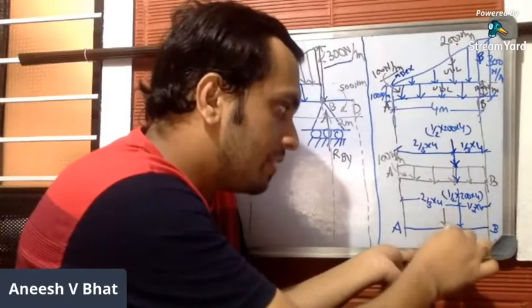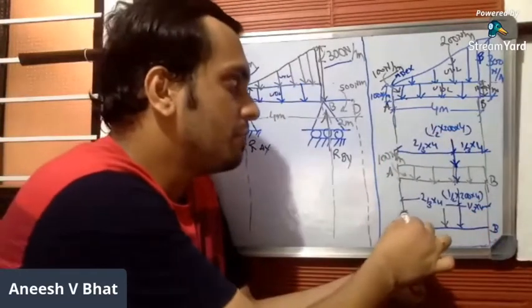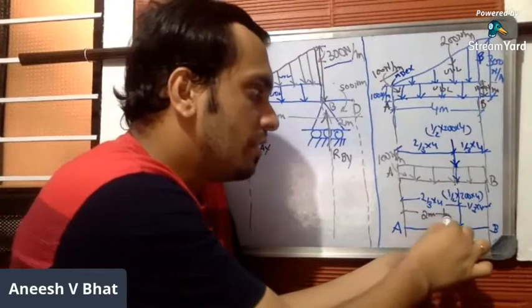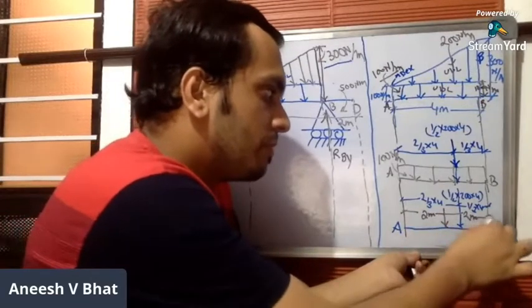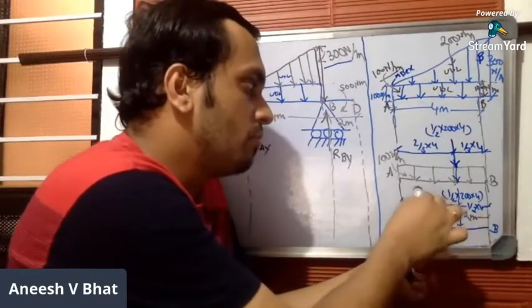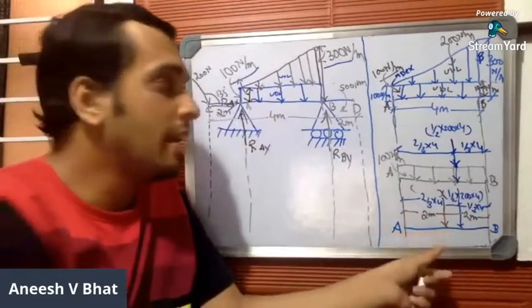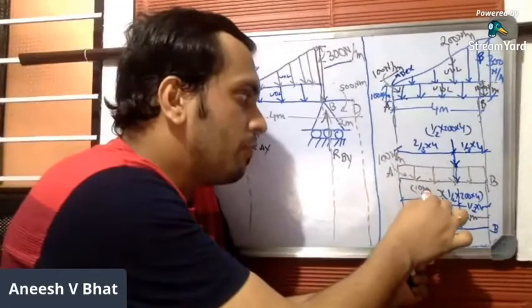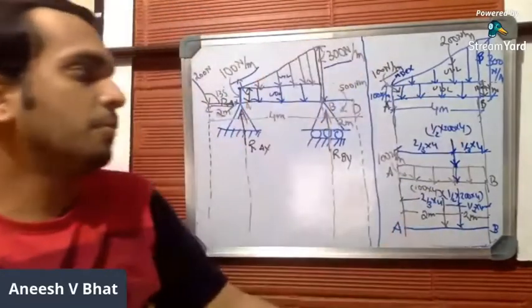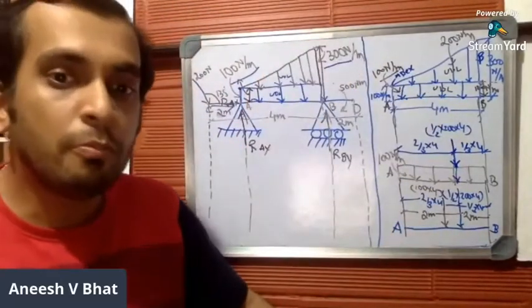I will mark it here. Exactly at the center, in the sense this will be 2 meters and this will be 2 meters. And the magnitude of this point load will be 100 into 4. That's it. So you have 2 point loads here.